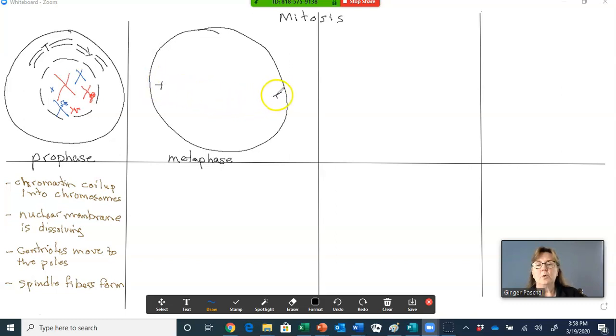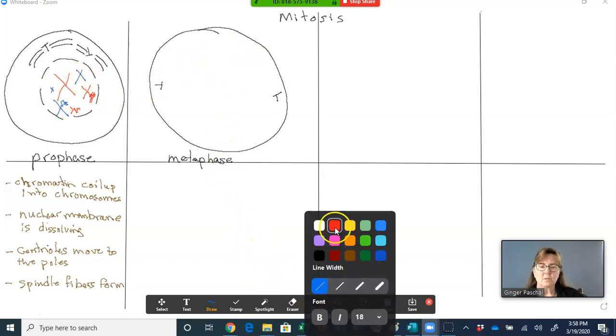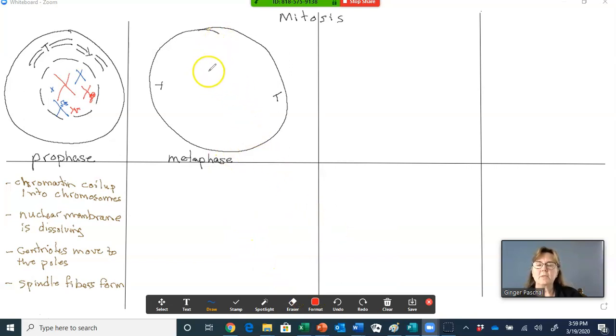So now the centrioles are at the poles, so they're here. And our chromosomes, our replicated chromosomes, are going to line up. So what we need to do is draw these lined up down the center of the cell. They don't need to be in any particular order. So I'm going to do mine in this order.